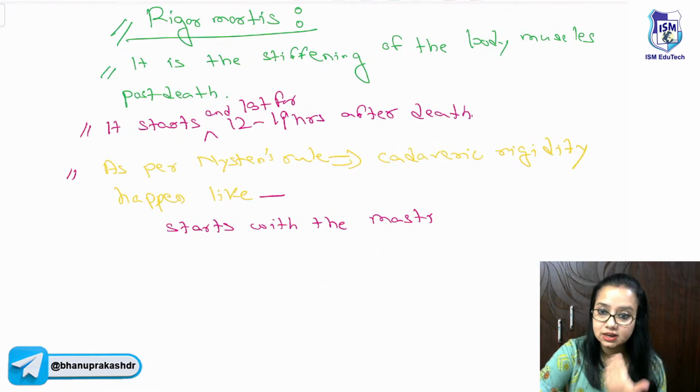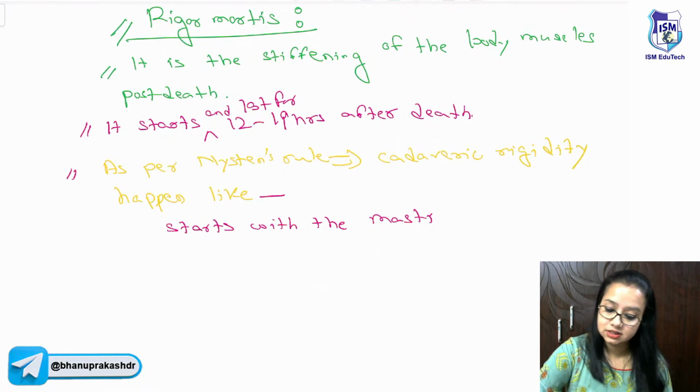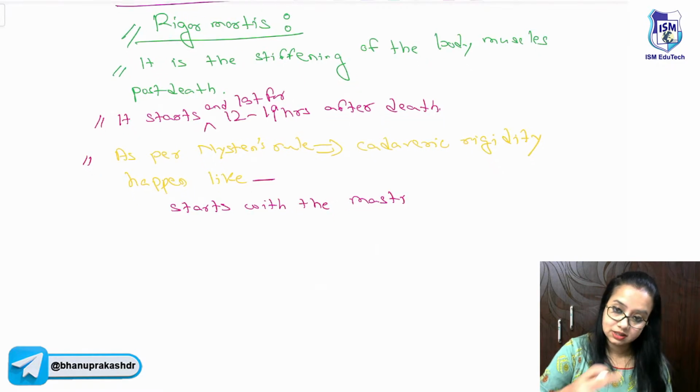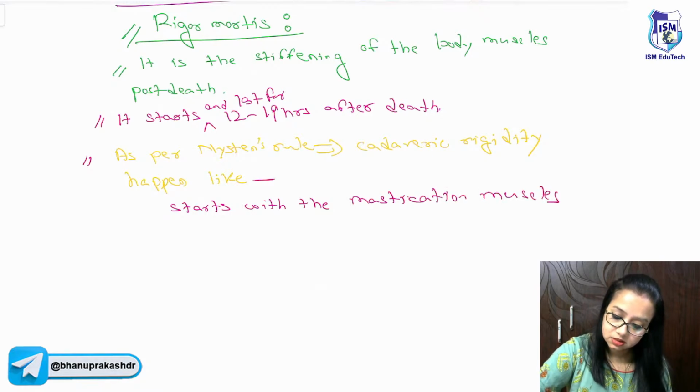When we masticate our food, the facial muscles that are used for chewing of food, it starts with that. That is the one that becomes hard first. Start with the mastication muscles.